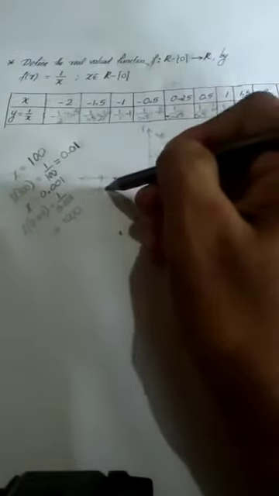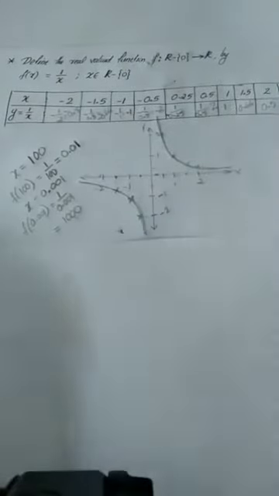It is going like this. So this is the graph of f of x equal to 1 by x.